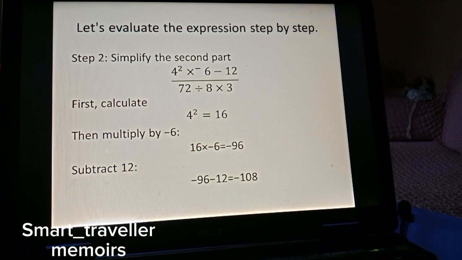So it's like adding two numbers with the same signs, and the sign is negative. So you add them, you get 108, and you give the answer the negative sign according to the rules of addition of integers.